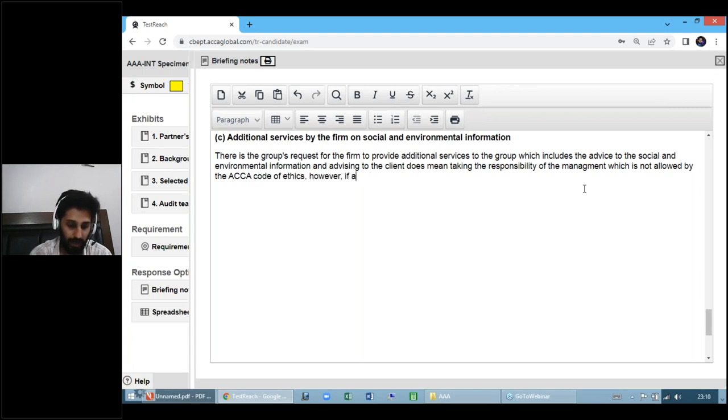However, if any advice is given, then it should be ensured that any significant judgment should be exercised from the side of the management.